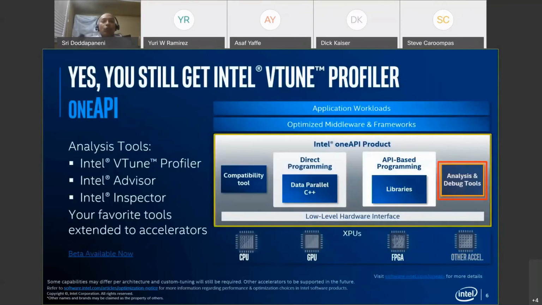Now, in the oneAPI product, for direct programming, you have a C++ derived language, Data Parallel C++, for direct programming of your algorithms.